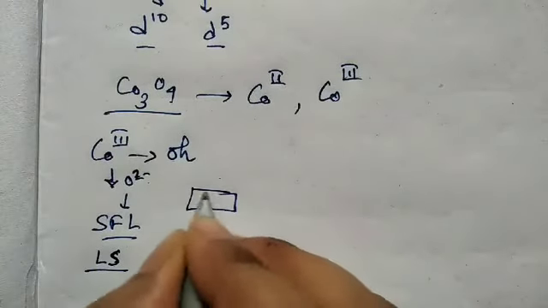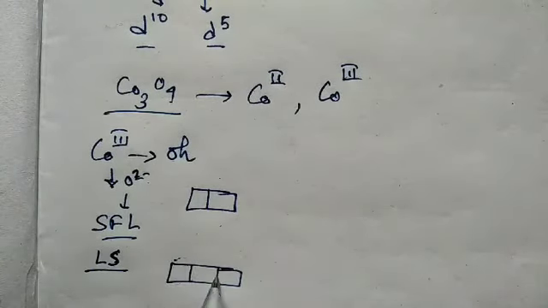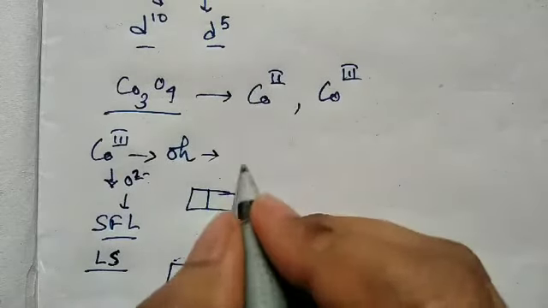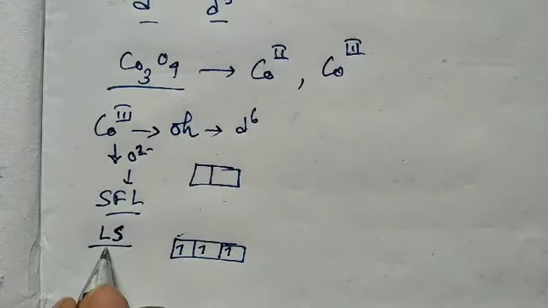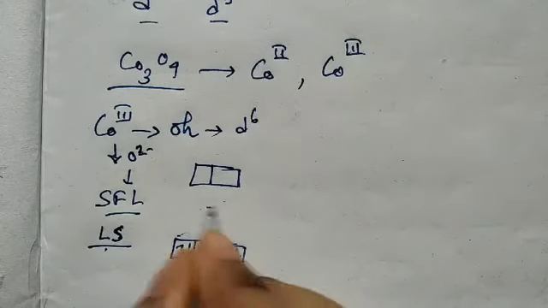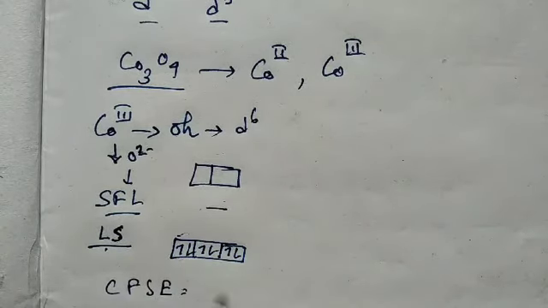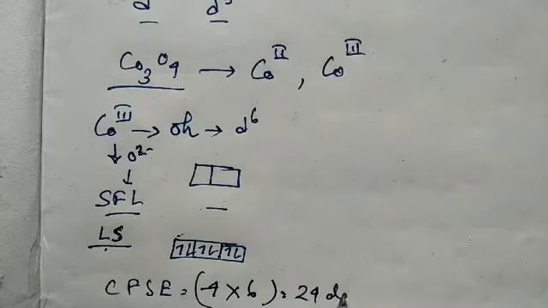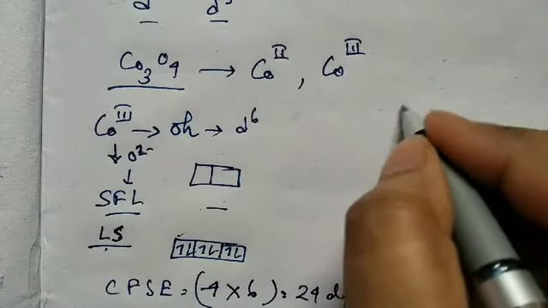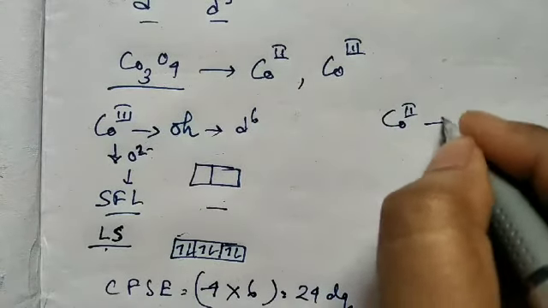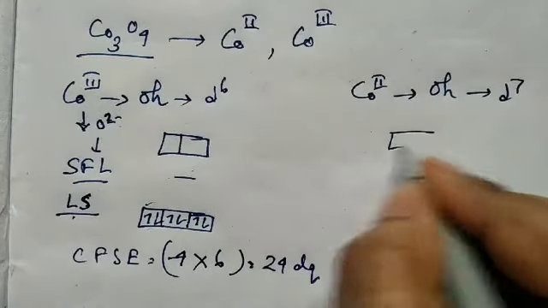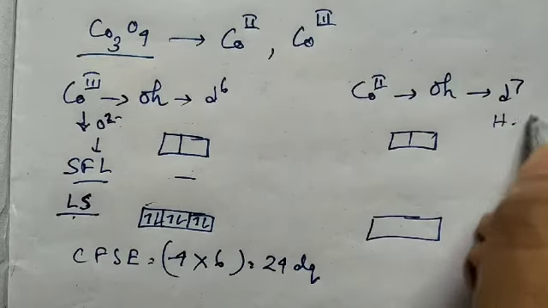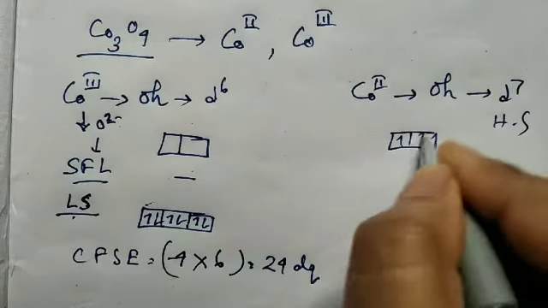So what is the crystal field splitting, and what system is it? Cobalt 3 is a d6 system. Then the electrons: 1, 2, 3, but it will be low spin, so 3, 4, 5, 6. Therefore, the CFSE will be 24 Dq. Then find out the cobalt 2 system in the octahedral site, which is a d7 system. Here it will be a high spin complex: 1, 2, 3, 4, 5, 6, 7.